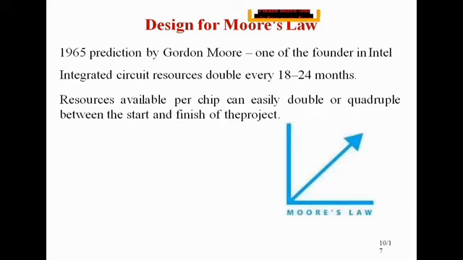Design the computer such that it is able to be competitive for at least 4 to 5 years. Our design needs to be stable in the market and maintain competency. That is the main motive of Moore's law.